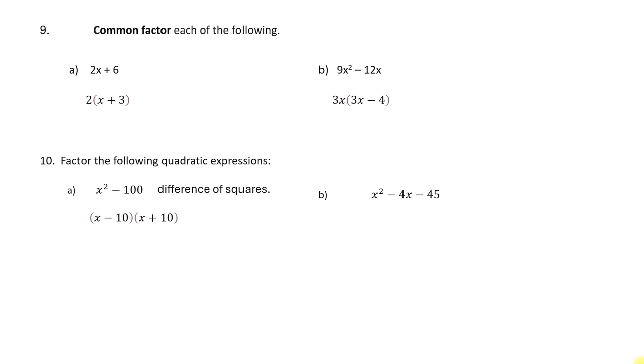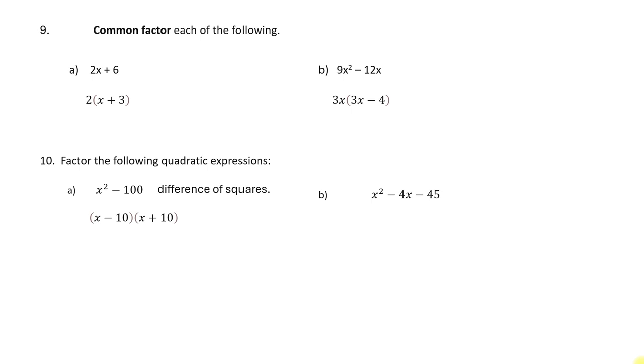10b, we have to go about this a little bit differently. Here, we're looking for two numbers that multiply together to be 45 and add up together to be 4. We're going to treat them as positive numbers just to begin with, and then we'll deal with the negatives in a second.